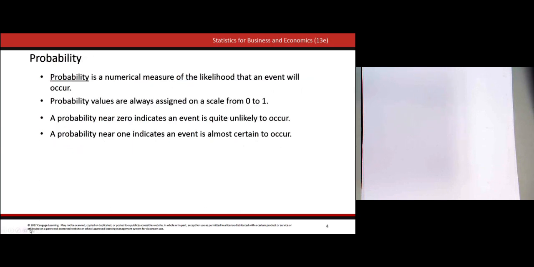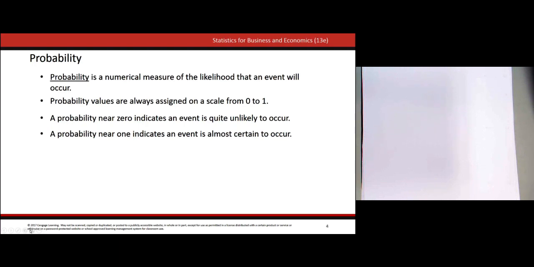So probability is a numerical measure of the likelihood that an event will occur, and it is always assigned on a scale from 0 to 1. Probability cannot be less than 0, and it cannot be larger than 1. It is always between 0 and 1. If it is 0, this indicates an event is impossible to occur.